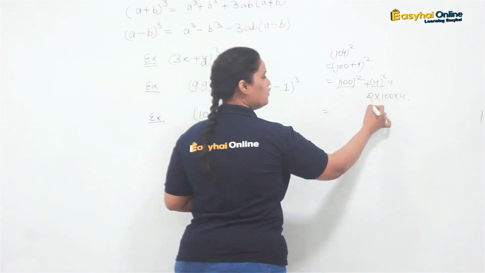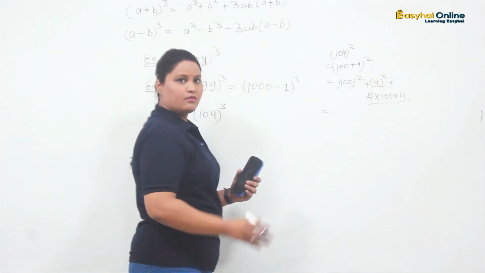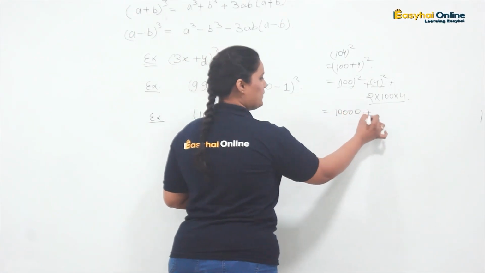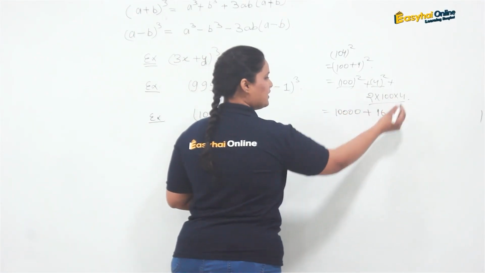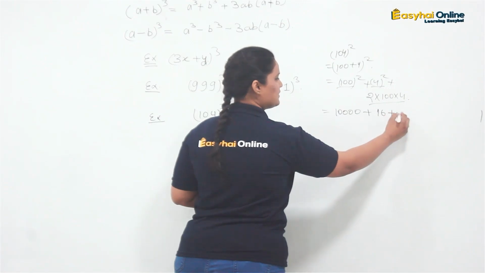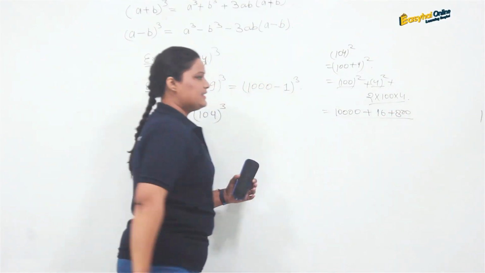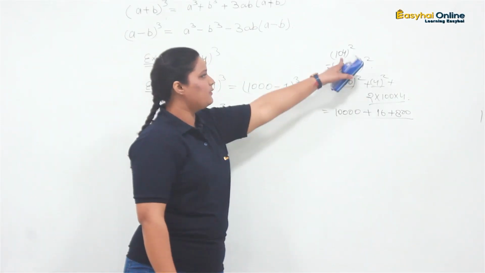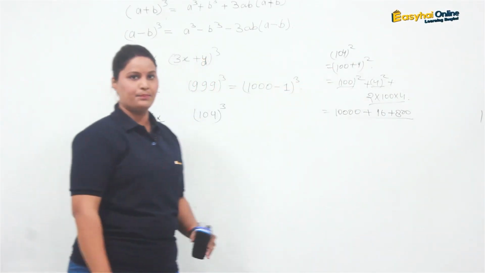Now, there is no number here which you cannot calculate without a calculator. It's like 10,000 plus 16 plus 800. And now you can easily add the numbers, and whatever the answer is will be the square of 104.